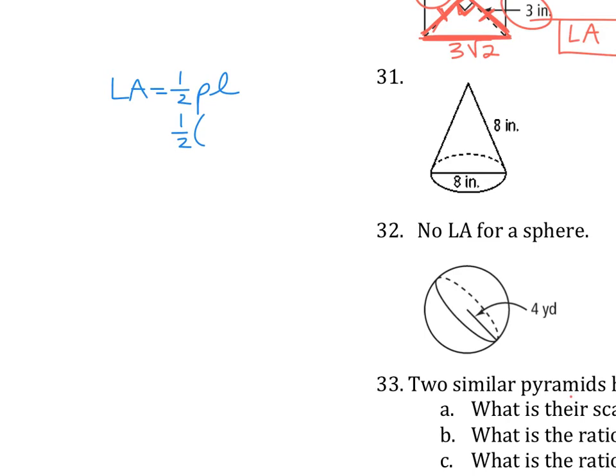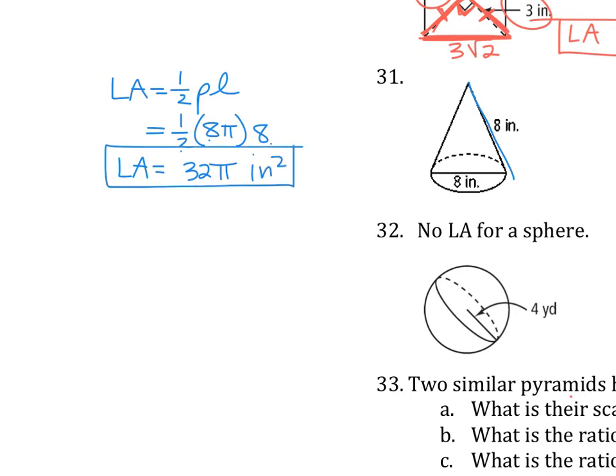Pi d, which is 8. 8 pi. What's your slant height? 8. The slant height is also 8. That's this guy here. So you are doing, for lateral area, 1/2 times 8 pi times 8, or 32 pi square inches.